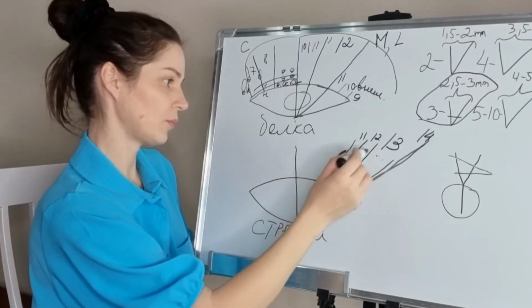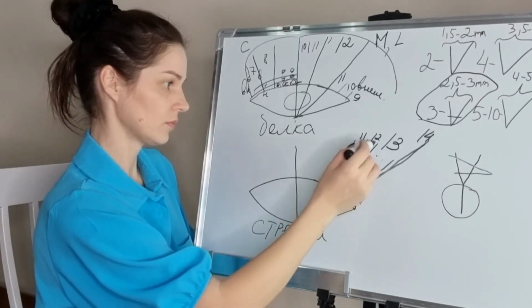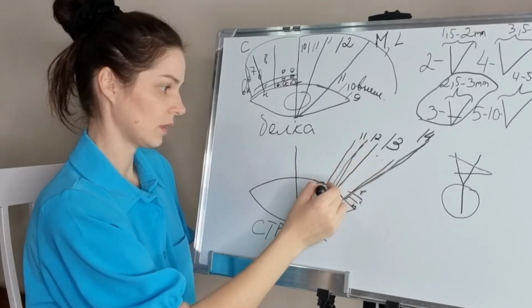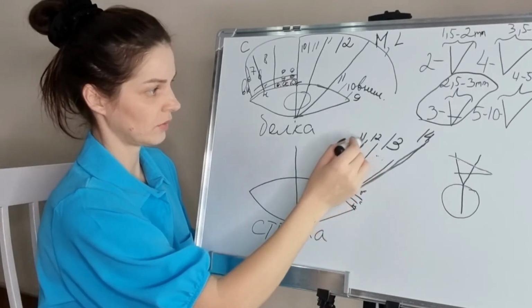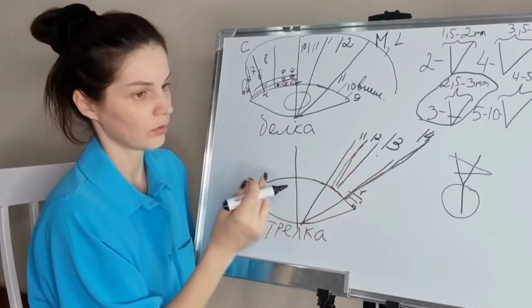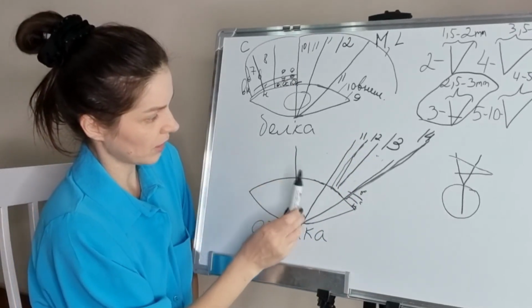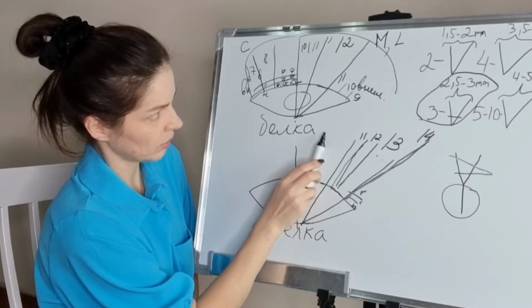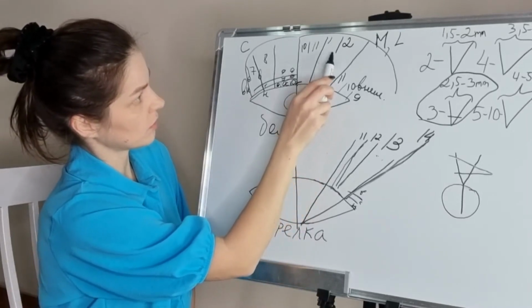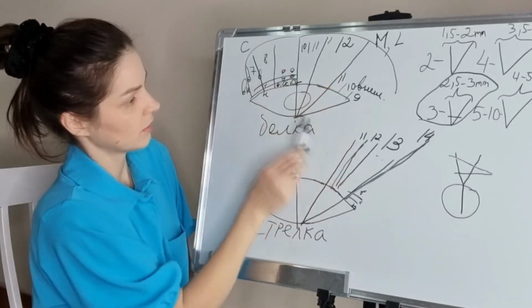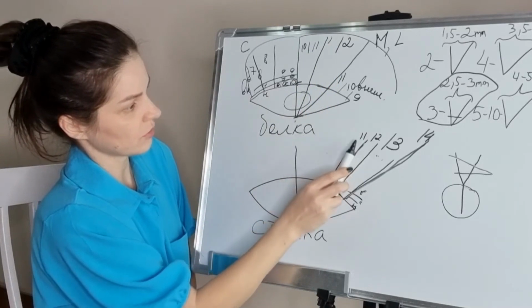To make a smooth transition, we add 12, 11, but in smaller numbers. That is, we will have 12 already, not like here, where we have 13, right? 12 ends here, not here.